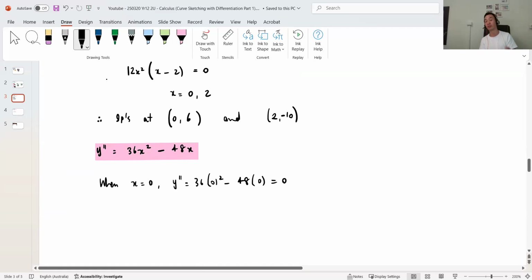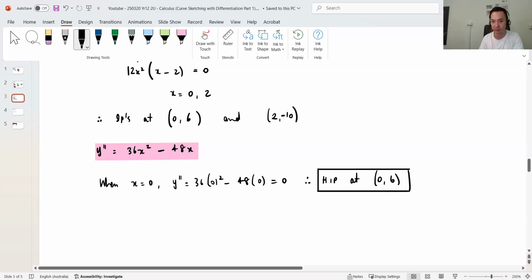Remember I said, if the second derivative is 0 and the first derivative is already 0, that's how I got it. Therefore, horizontal inflection point at 0, 6. The moment you see the second derivative is also 0, you can conclude it's a horizontal inflection point.